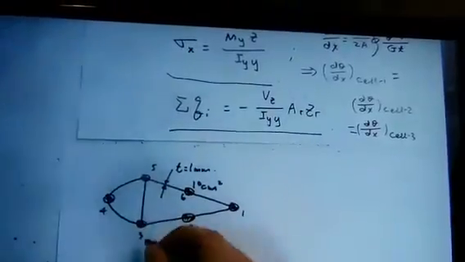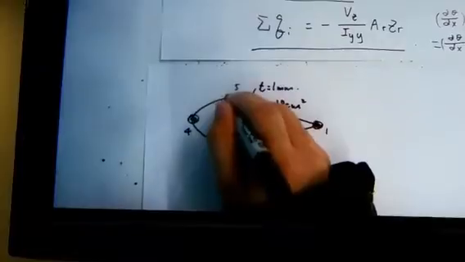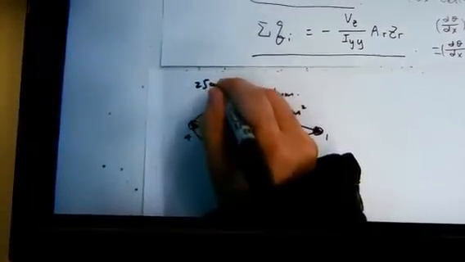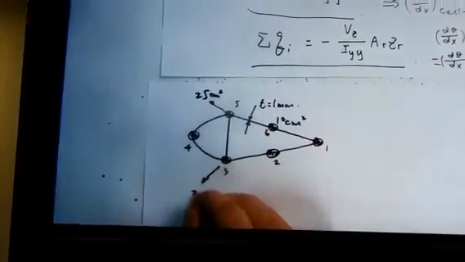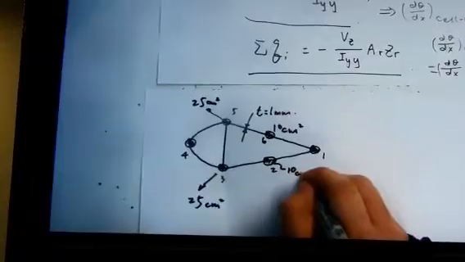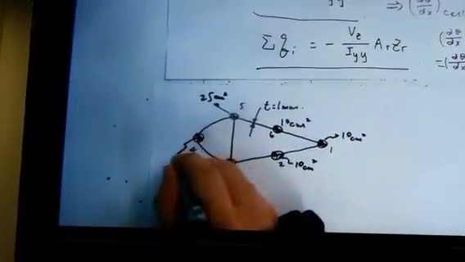Okay? So these 2 boom areas are different. This one is 25 centimeters squared. This one is also 25 centimeters squared. This is 10. This is 10. And this one is also 10.